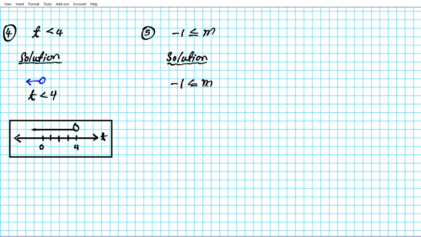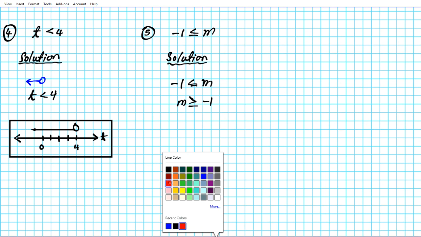Okay, -1 is less than or equal to m is the same thing as m is greater than or equal to -1. Okay, so it's always good to put the variable first because it helps you to use the inequality to know the direction that the arrow points to.